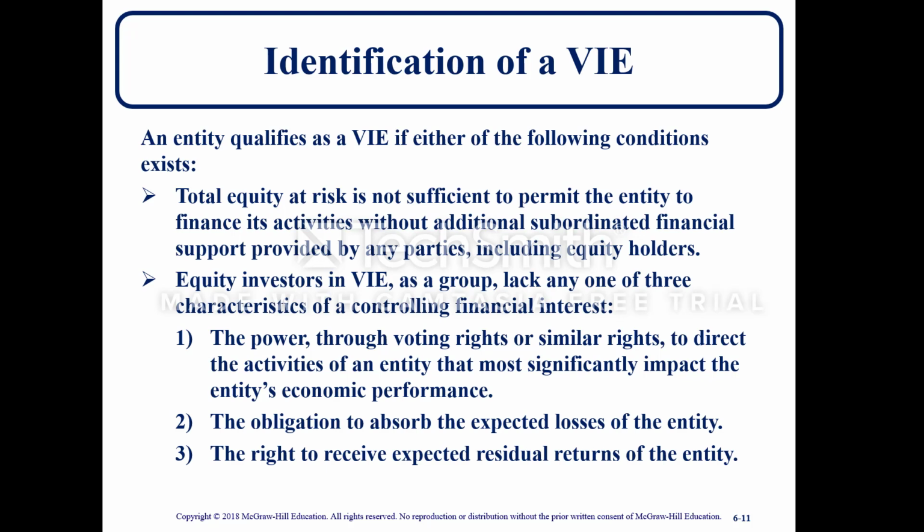Also, equity investors in the VIE as a group lack any of the three characteristics of a controlling financial interest. One, the power through voting rights or similar rights to direct the activities of an entity that most significantly impact the entity's economic performance. Two, the obligation to absorb the expected losses of the entity. Or three, the right to receive expected residual returns of the entity.